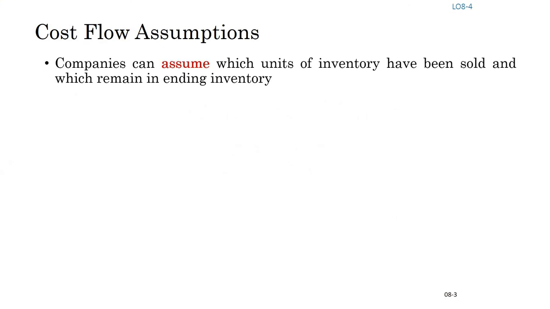Companies can assume which units of inventory have been sold and which remain in ending inventory. Say, for example, on January 1st you purchase 100 units, and on January 30 you purchase another 50 units.